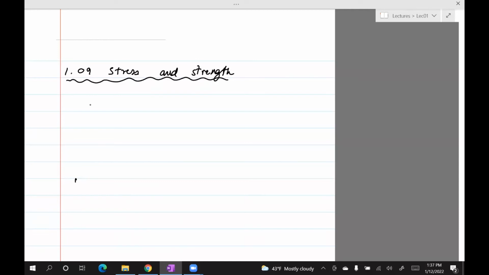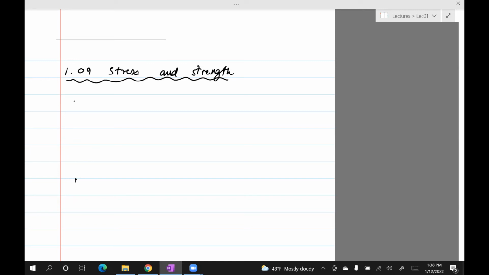So we say that steel has a strength of something. We don't say that's the strength at a particular point. So strength is associated with the material or the entire object, but stress is something which we measure or talk about in terms of what it is at a particular point.